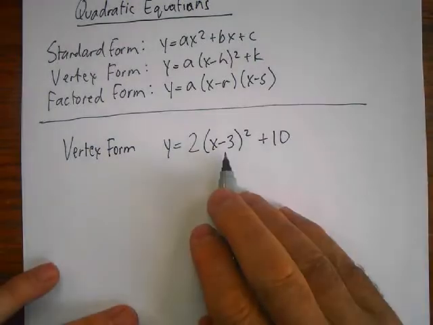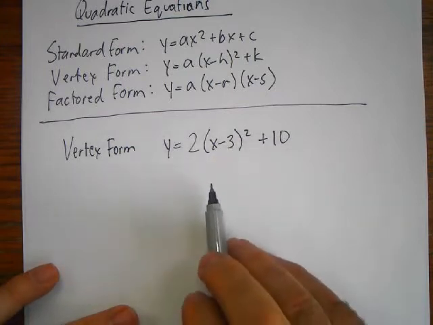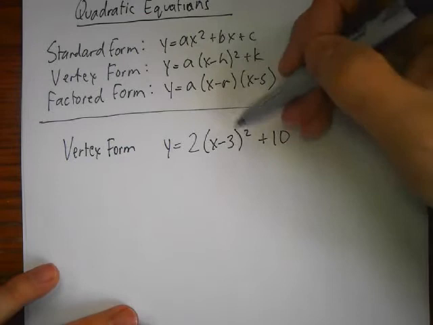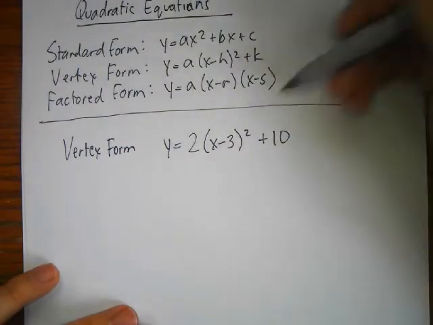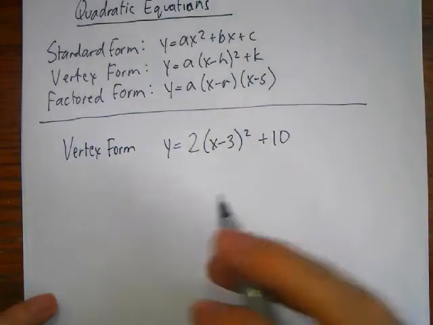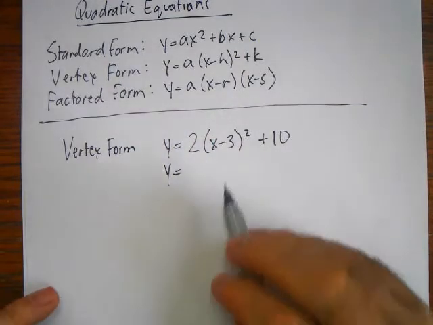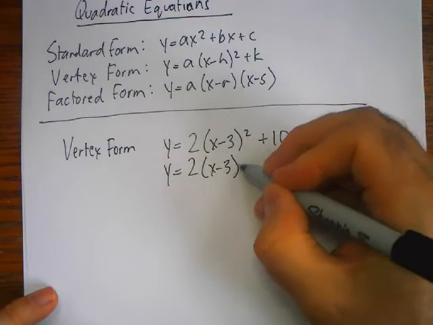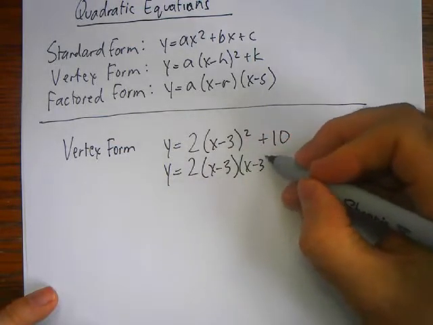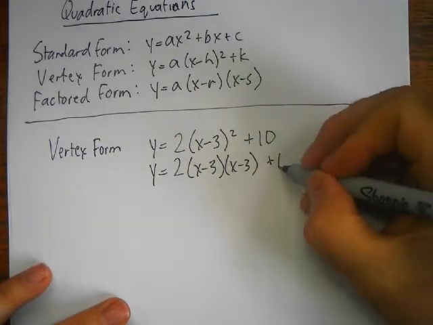And you know that the vertex of this parabola is (3, 10) just by looking at it. Whereas if I gave you the equivalent standard form equation, the 3 and the 10 aren't even in there. So if you expanded this out, I want to look at what this really is. That squared basically tells you that whatever's in the brackets, the x minus 3, is being multiplied with itself.